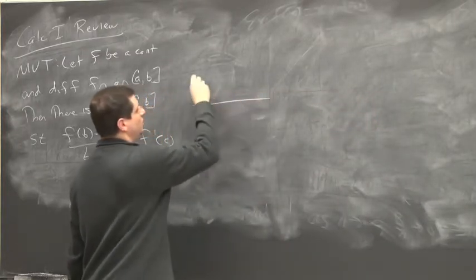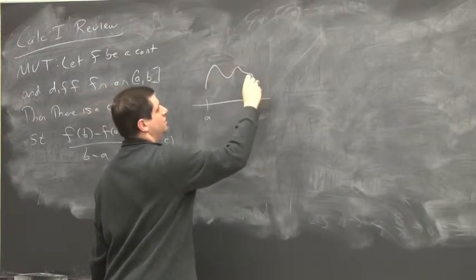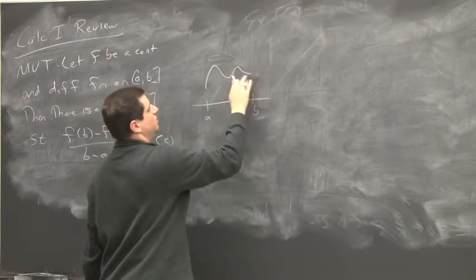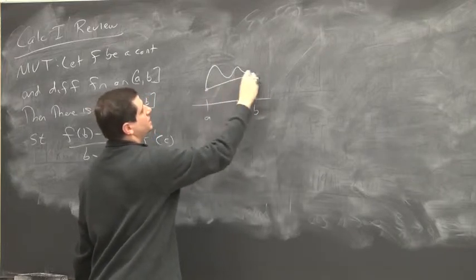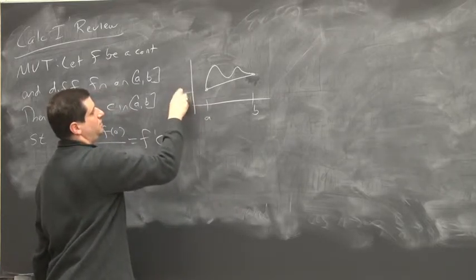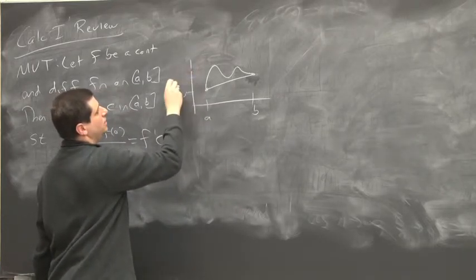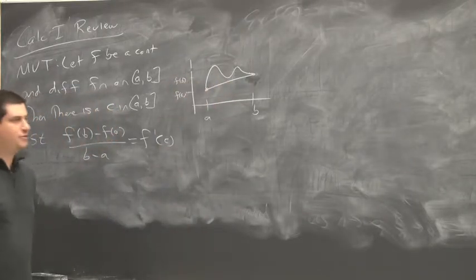Let's see geometrically what this is saying. If this is a, and this is b, and this is my function, well, we have it like here. Then what I can do is draw the line connecting f of a and f of b. And if I look at the slope of this line, that's my average speed.